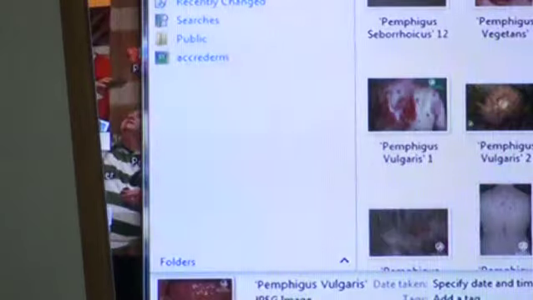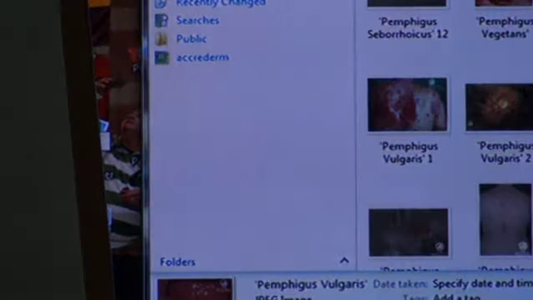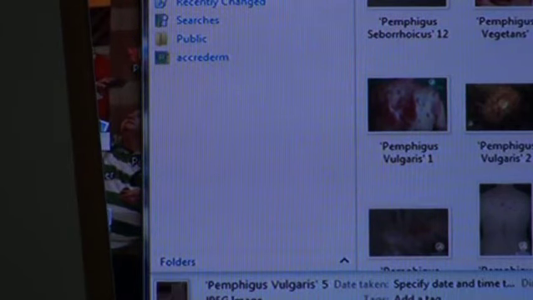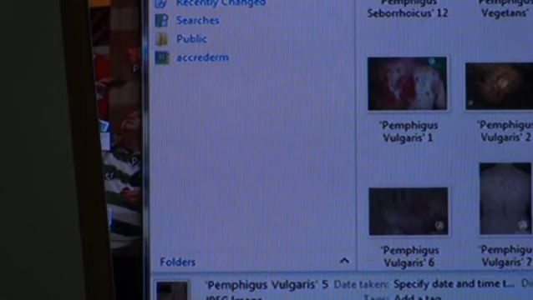So there are some pemphigus forms that are limited to the oral mucosa or the eye. These are just some other examples of pemphigus vulgaris.